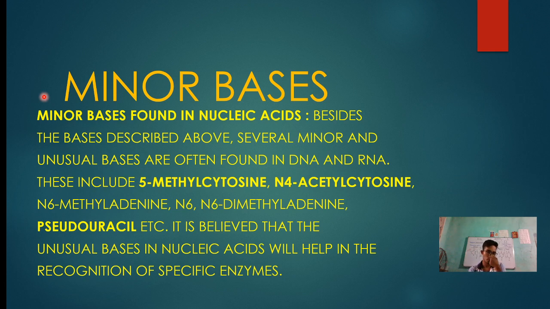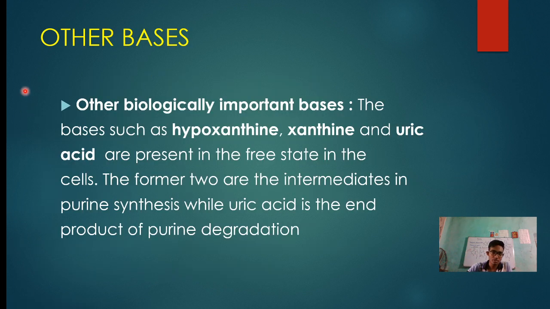These are also known as the minor bases, and we do not know their proper function, but it is believed that these unusual bases in nucleic acid help in the recognition of specific enzymes. So it also helps the recruitment or the recognition of specific enzymes.